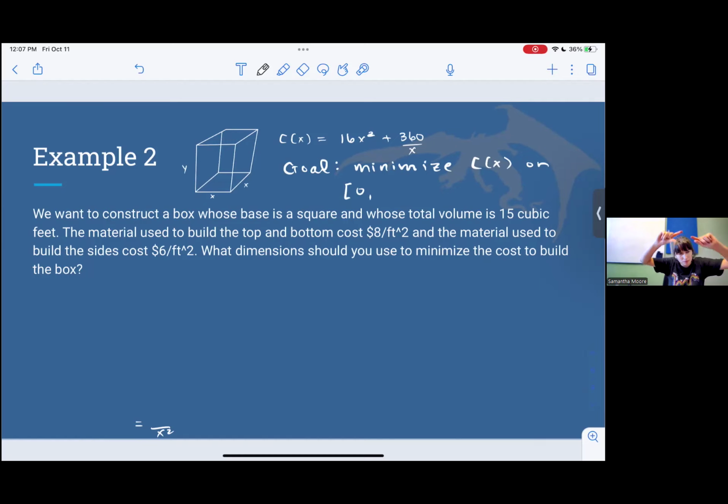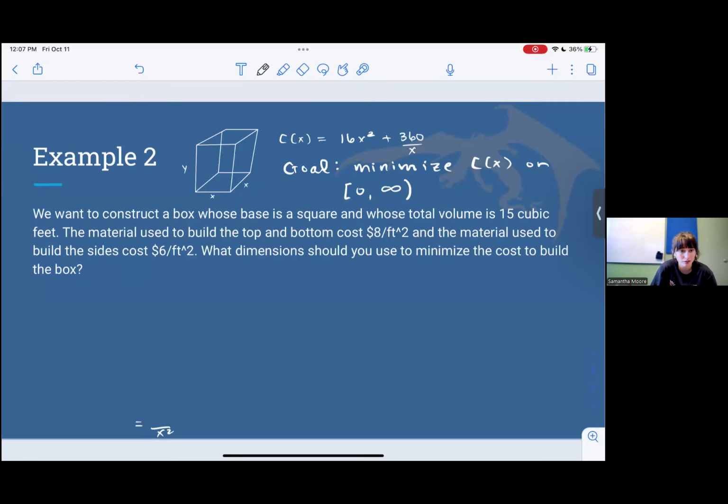But technically, by squishing y down closer and closer to 0, I could make a box with a volume of 15 cubic feet by expanding x infinitely. So I don't really have a top endpoint. X could go off to infinity, but I do have a lower endpoint to be mindful of. So I'm just minimizing this equation on this interval.